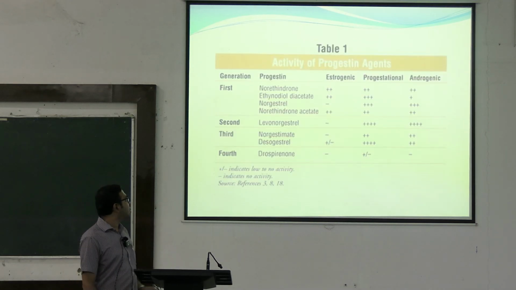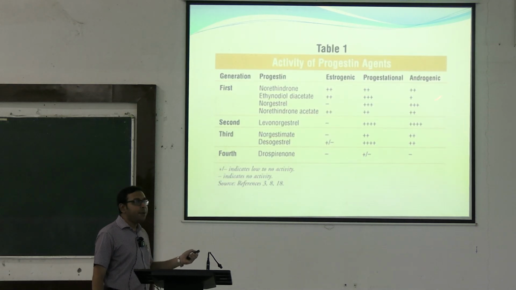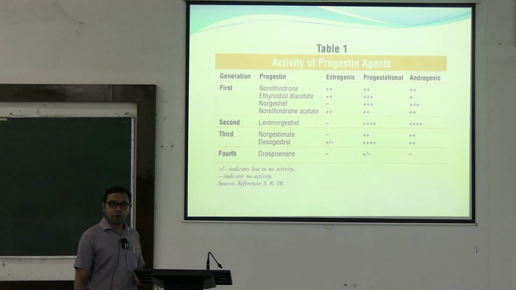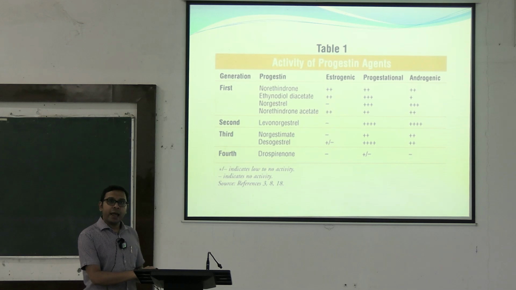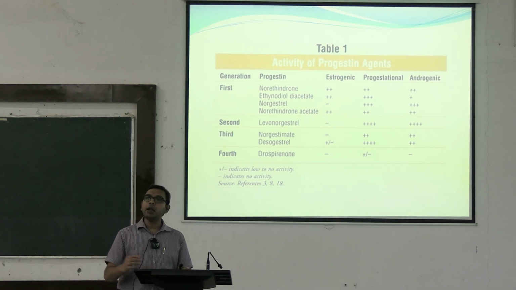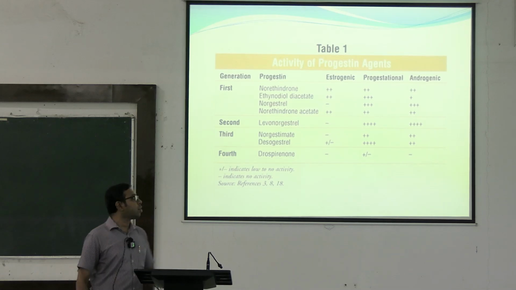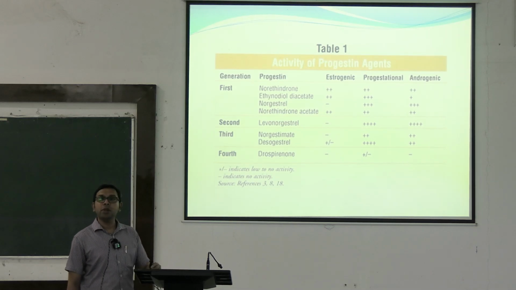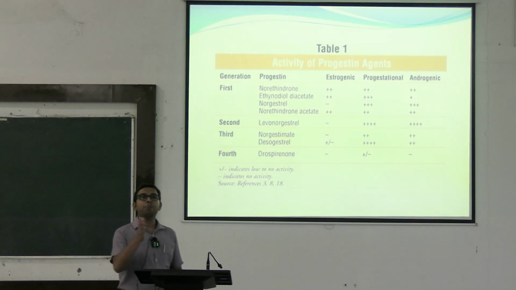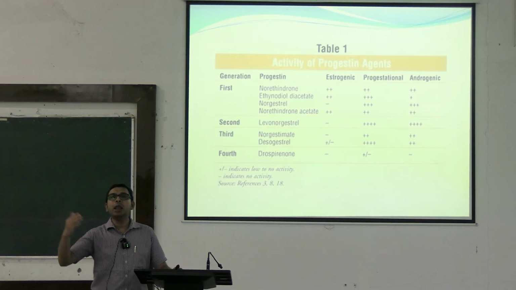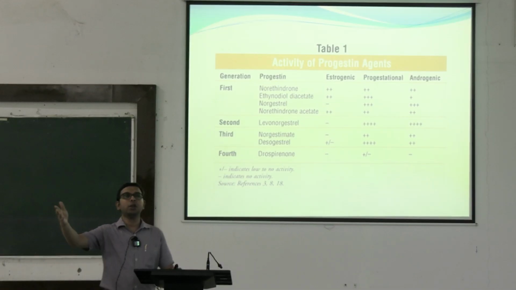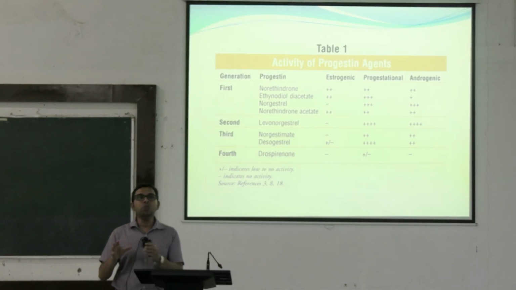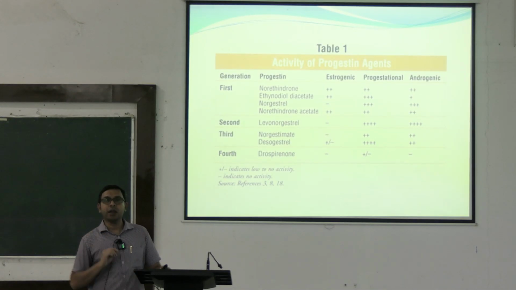So all these progestational agents are mainly used either in menopausal hormonal therapy or as part of hormonal contraceptives. You can see the activity of the different types of synthetic progestational agents. Apart from their activity on the progestational receptors, they also have activity on the estrogen receptors and on some androgen receptors. So the different progestins have different levels of androgenic activity and different levels of estrogenic activity, and accordingly we use different progestins in different indications.